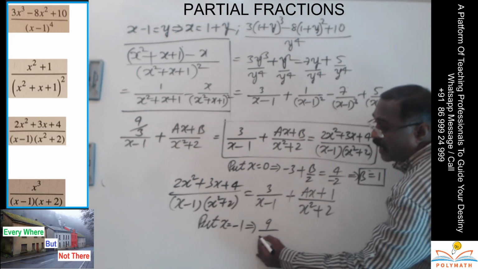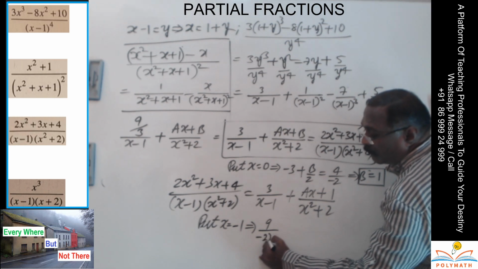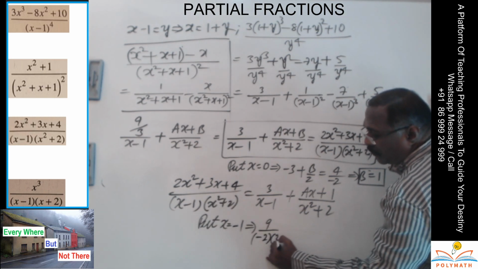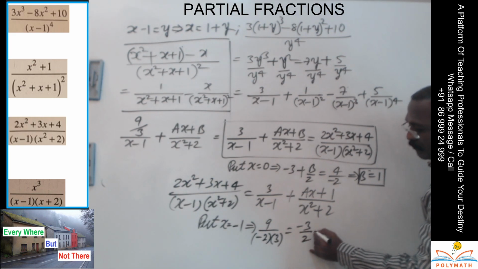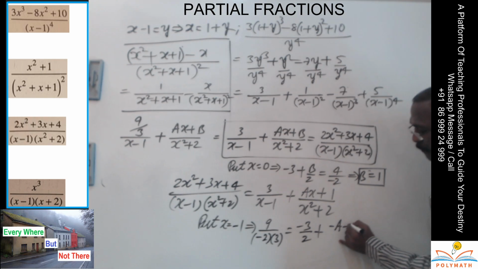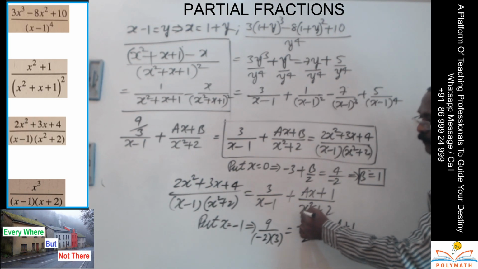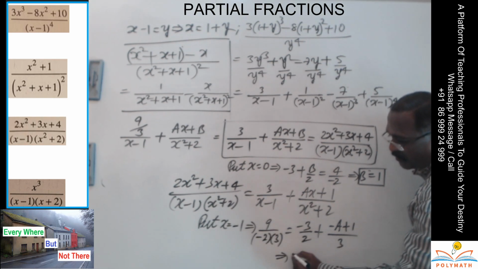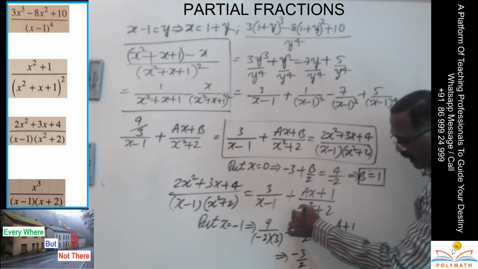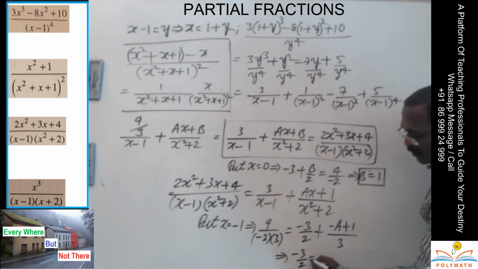This is 9 by minus 2 into 3, which is equal to minus 3 by 2 plus (minus a plus 1) divided by, this is 1 plus 2, 3. Now simplify this. Minus 3 by 2 gets cancelled on both sides.